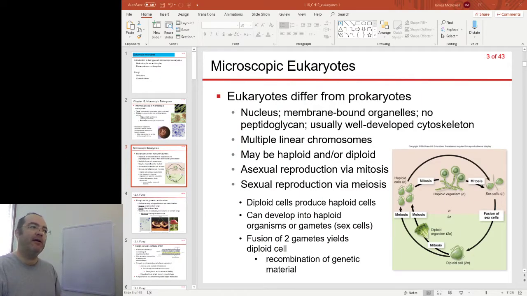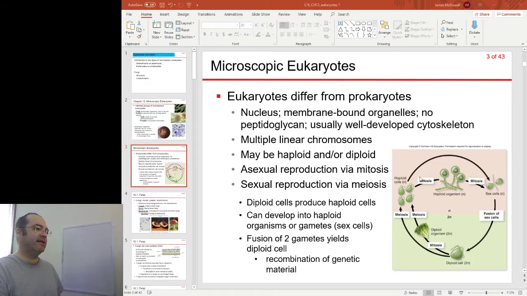That can happen in eukaryotes. It can occur via mitosis. So when I damage my skin, for example, mitosis occurs to fill in the gaps. But if you're a single cell, you can go through reproduction, i.e. parent and then offspring, through the process of mitosis.